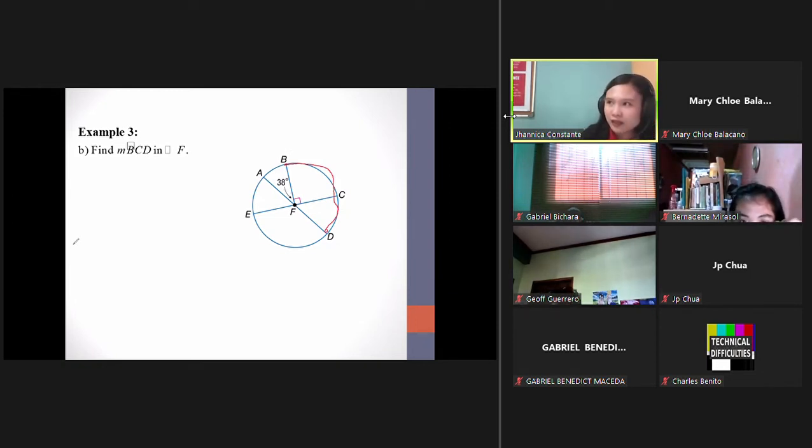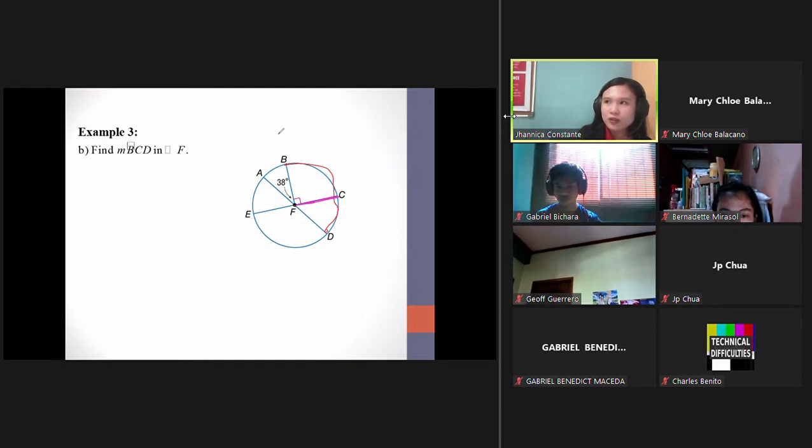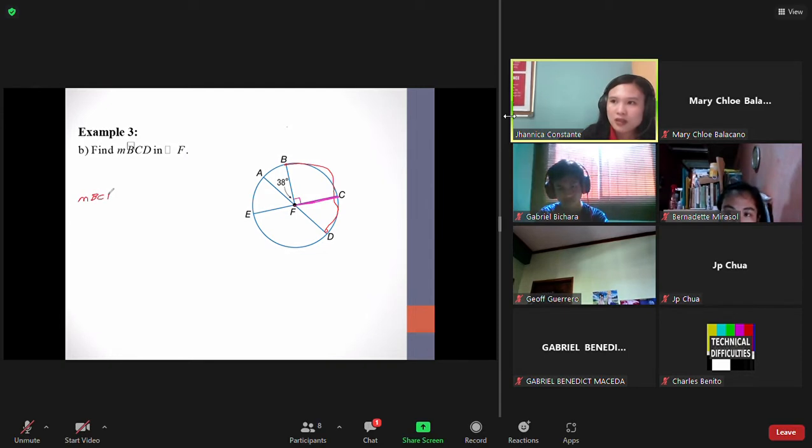They have an adjacent radius, which is FC. So we're just going to add these two arcs that are formed by the adjacent radius. The measure of arc BCD is equal to the measurement of arc BC plus the measurement of arc CD.